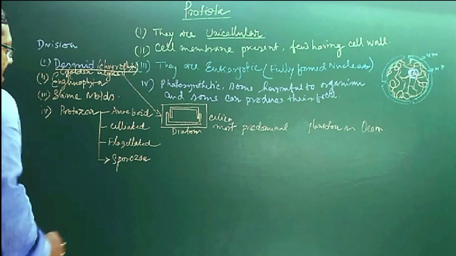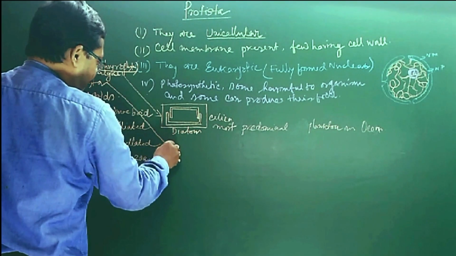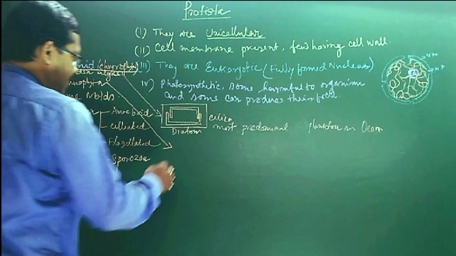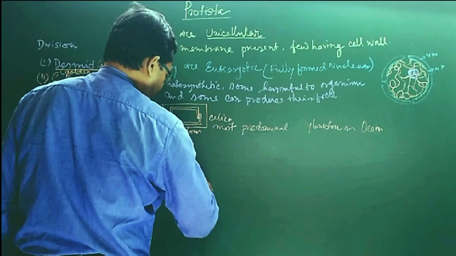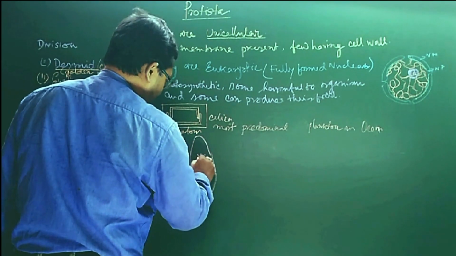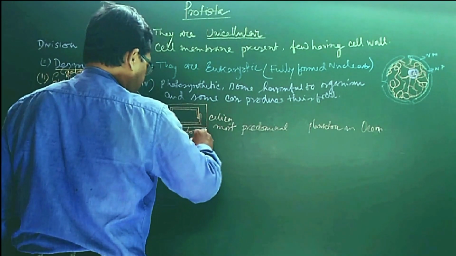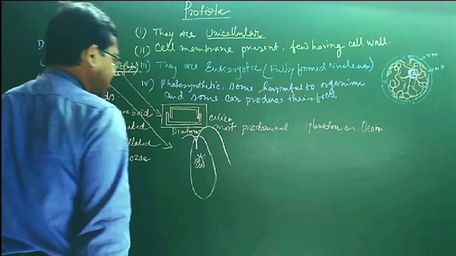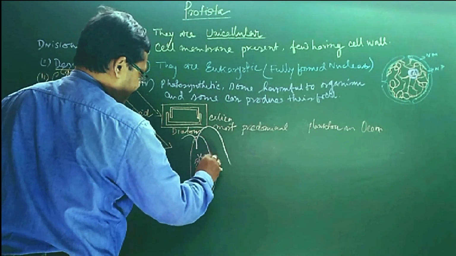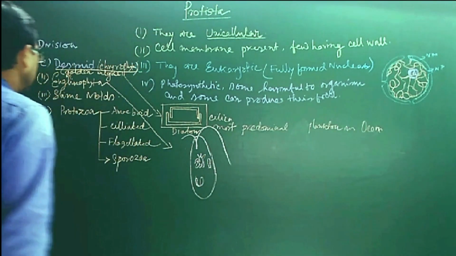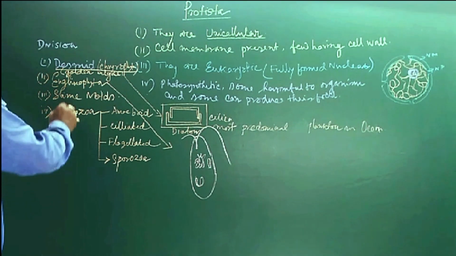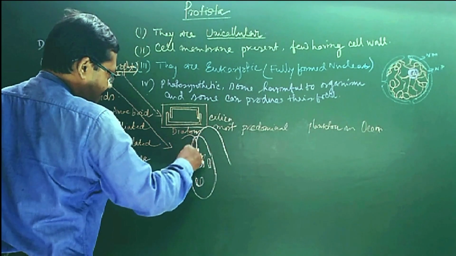Then Euglenophyta is a member that shows a very important character: they are motile. They have 2 flagella and photosynthetic pigment is present, and their covering is made by pellicle.